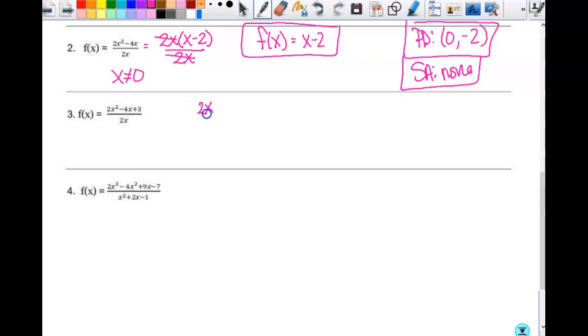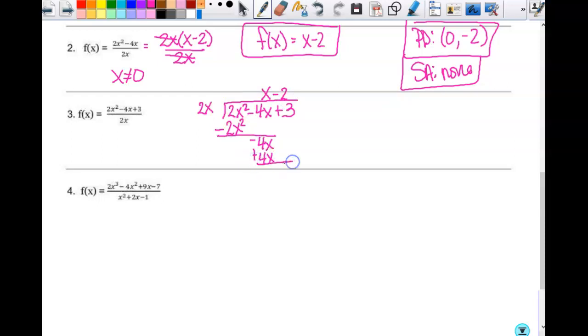So 2x is going to divide into 2x squared minus 4x plus 3. 2x goes into 2x squared x times. So it's 2x squared. Then I change my signs, bring down my negative 4x. So that goes into there negative 2 times. It's going to give me negative 4x.